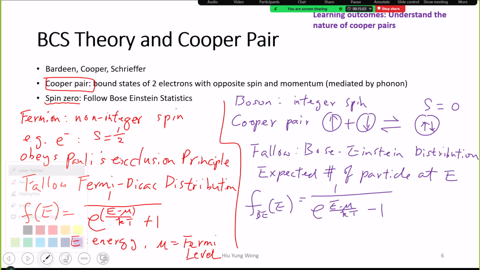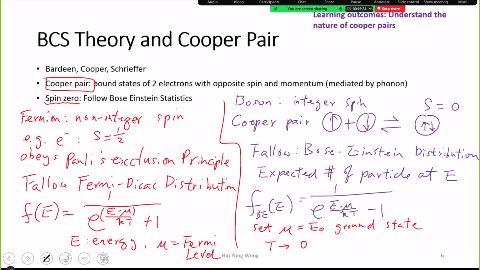Now, if you look at this equation, you see what? We usually just set mu equal to E naught, which is the ground state energy, right? For any system, you must have a ground state, the lowest energy that you have. So if the temperature is very small, and let's say E is a little bit larger than mu, this one will still be 0.